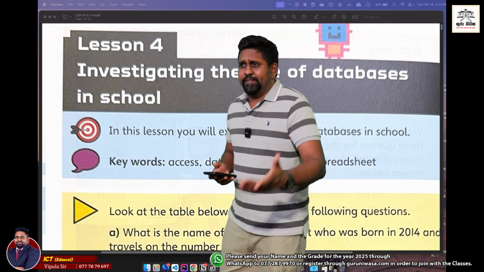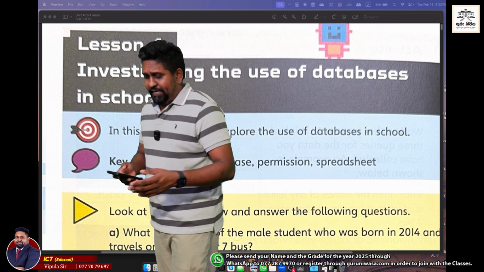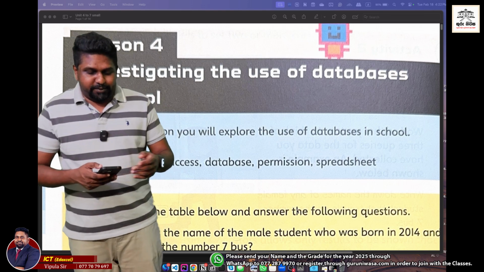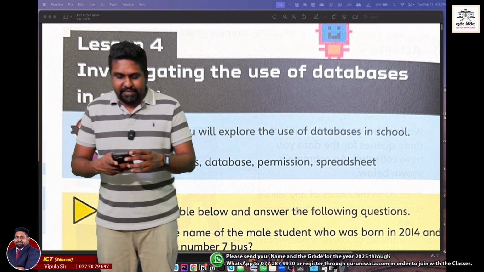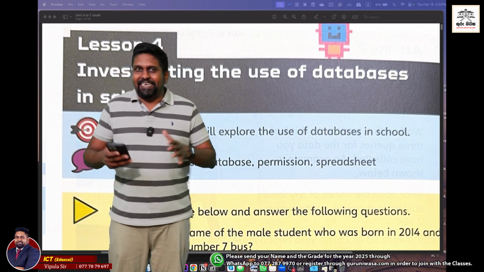We talked about this bus where they had some students in it, and where students go, and so forth, right? So that's the typical data set we went through.